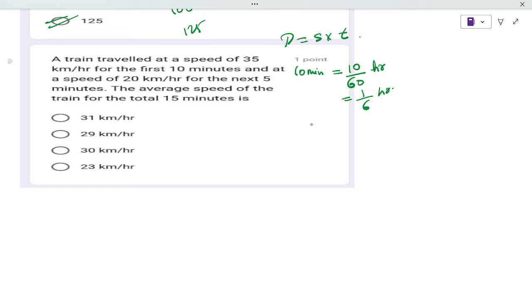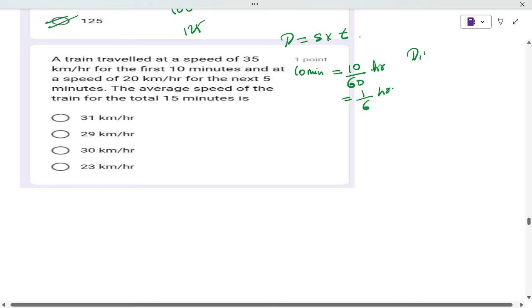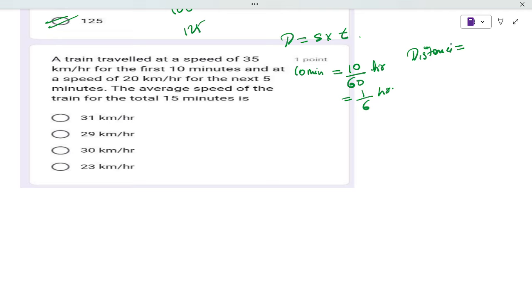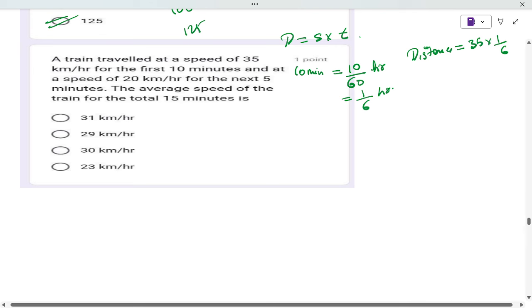Yes. So for the distance 1 karne tai kiman dur jaje? 35 km per hour jaje na nahi? Yes. So distance equal to speed 35 km per hour into time the 1 by 6. This will give us 35 by 6 km. This is for distance 1, first distance.